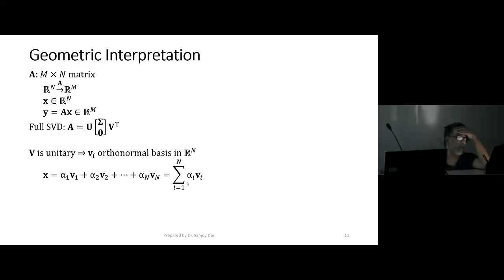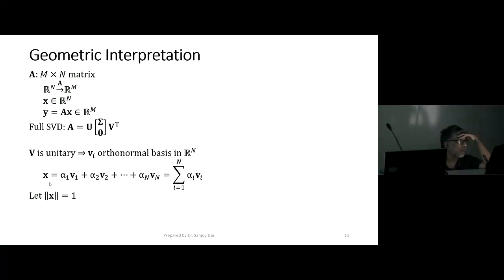So that's the summation over i of alpha i Vi. Agreed? What would be the Euclidean norm of x? Square root of summation alpha i squared. We take the square of all these coefficients, add them up and take the square root, right? Why is that? Because these are mutually orthogonal and they are also unit vectors.